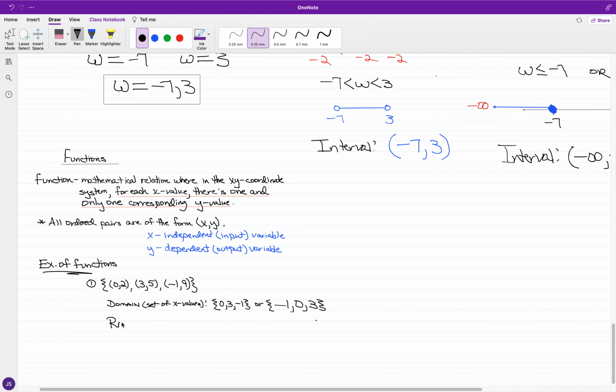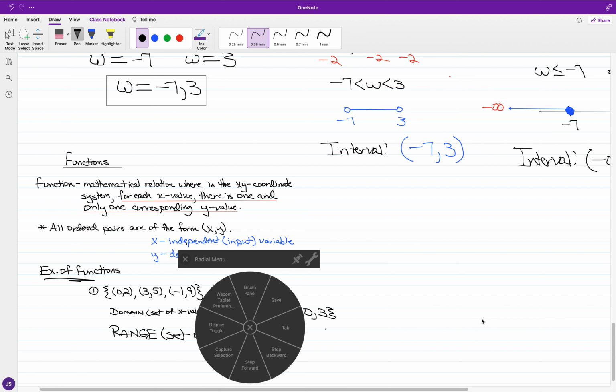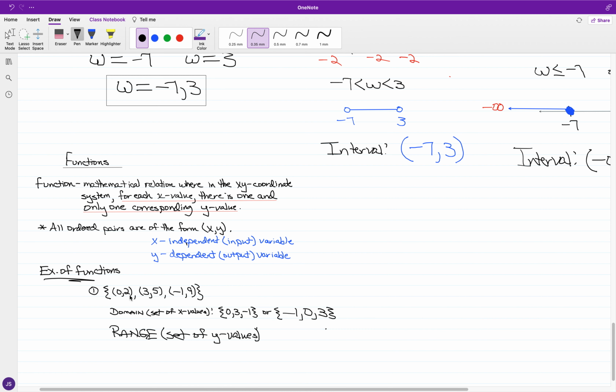Now, the y values will be what is regarded as the range. The range is the set of y values. And for the range, you have the y values 2, 5, and 9.